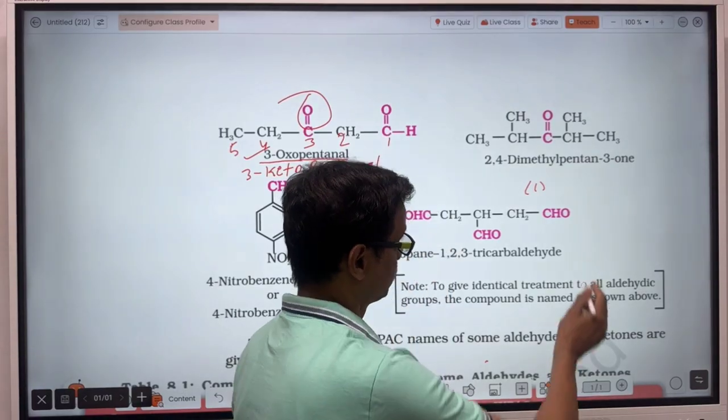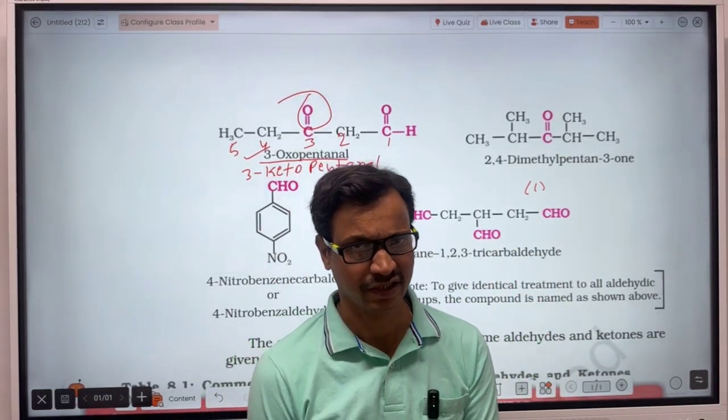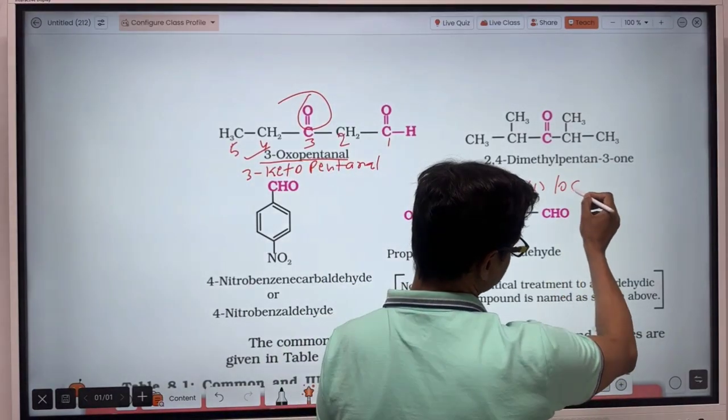So firstly, whenever you have confusion about which direction you have to do the numbering, then first of all you will have to use the lowest locant rule.